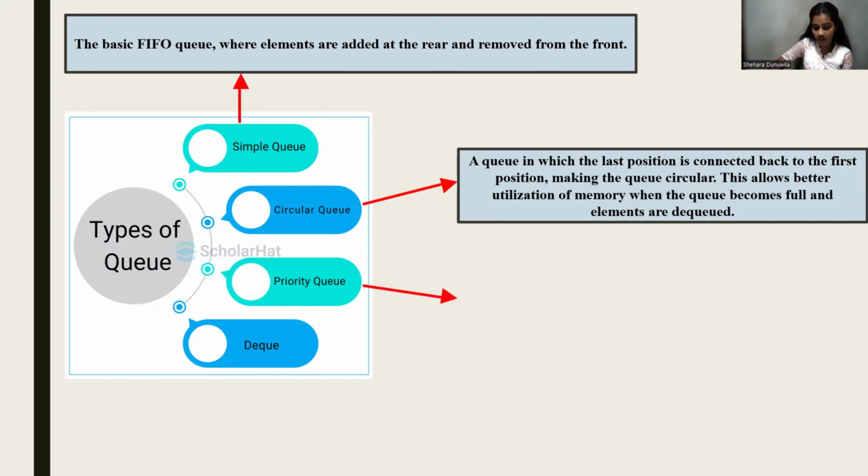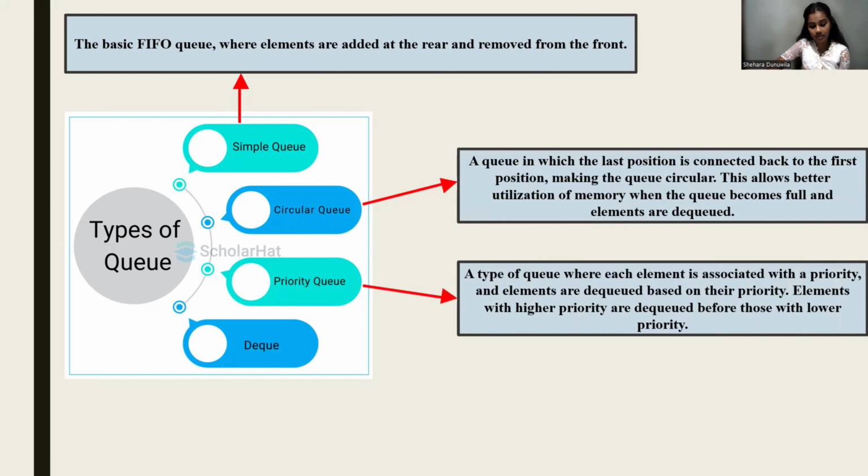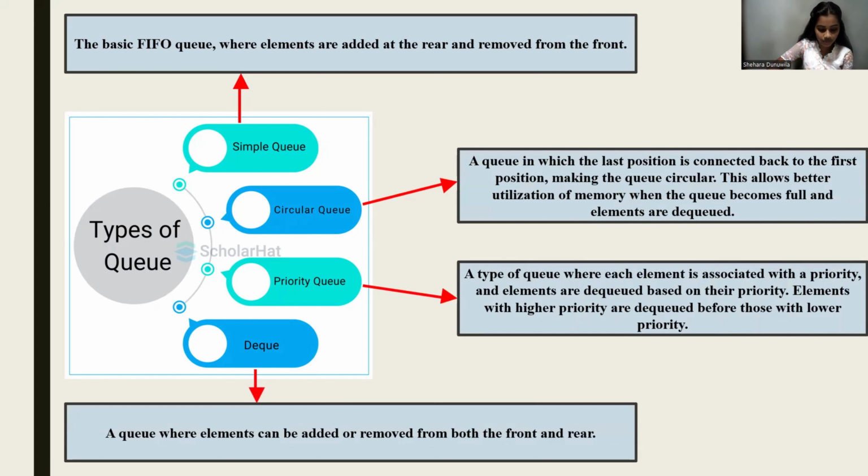Next, the priority queue: items are served based on priority. Then the deque, a double-ended queue, where you can add or remove items from both ends. These are the simple definitions of the simple queue, circular queue, priority queue, and deque.